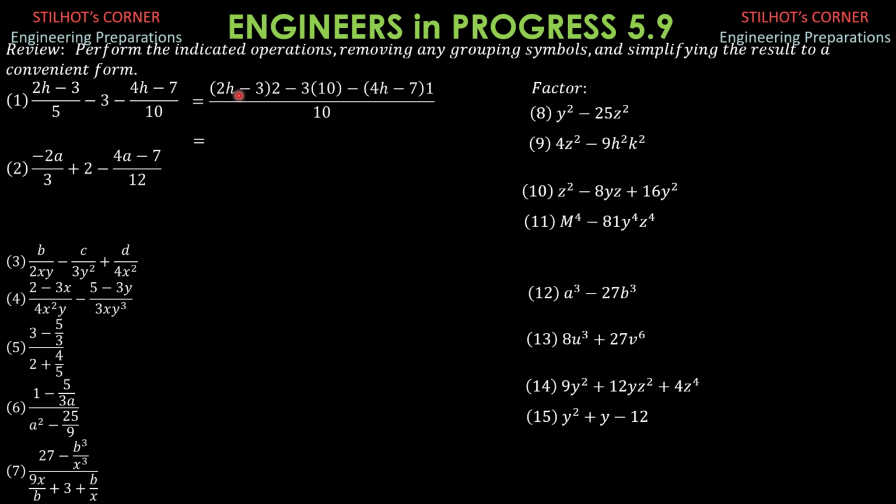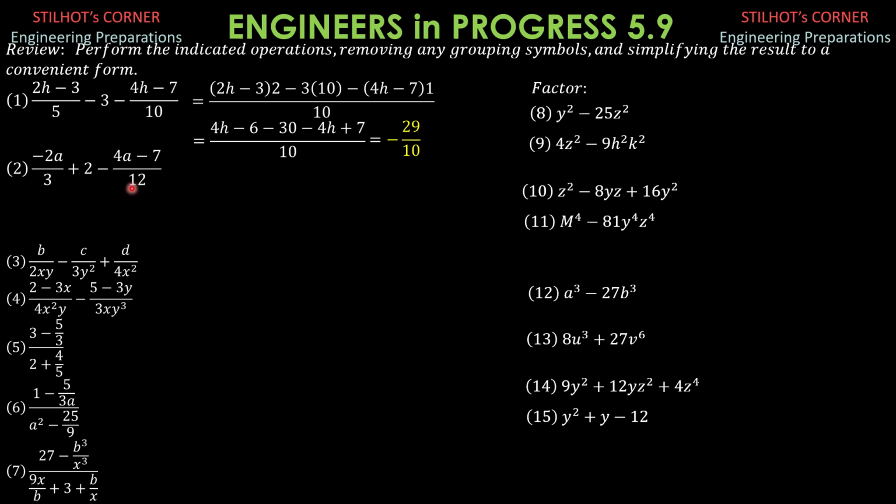Simplifying, we have 4h minus 6 minus 30 minus 4h plus 7, all over 10. So we can cancel 4h. Negative 6 minus 30 plus 7 is negative 29 over 10. So the final answer is negative 29 over 10.